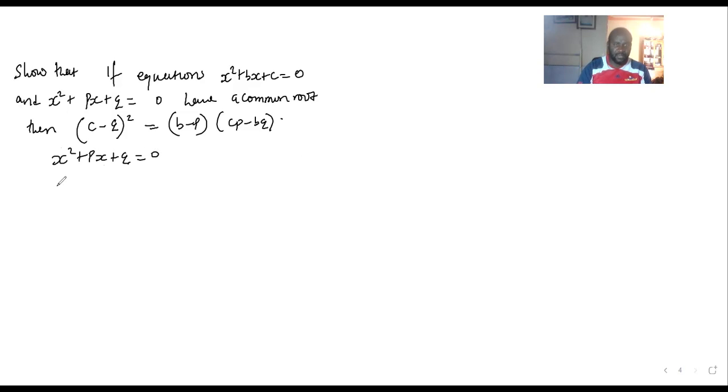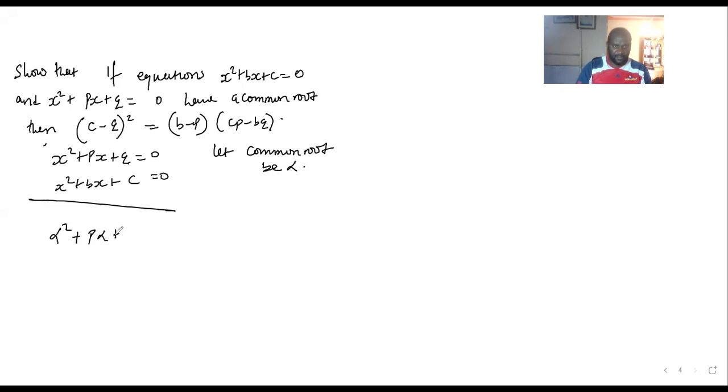So if these are our equations, we can first eliminate, for example, I can eliminate x squared. Before I eliminate x squared, we can let the common root be alpha. So alpha squared plus p alpha plus q is equal to 0.